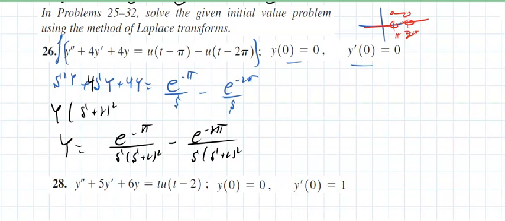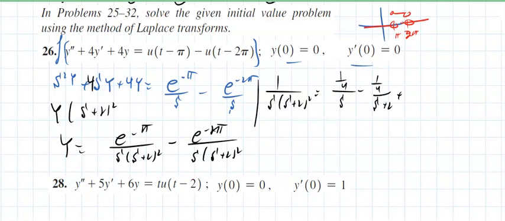Now on the side, I would figure out that 1 over s times s plus 2 squared really equals 1 over 4s minus 1 over 4 times s plus 2 minus 1 over 2 times s plus 2 squared.